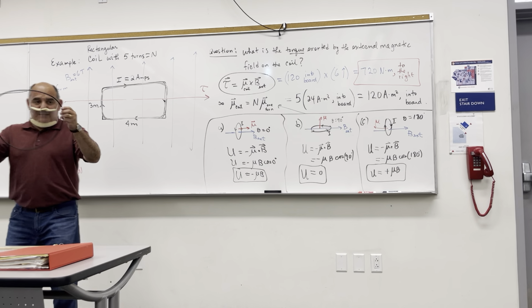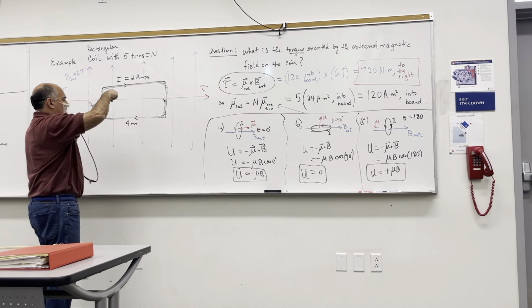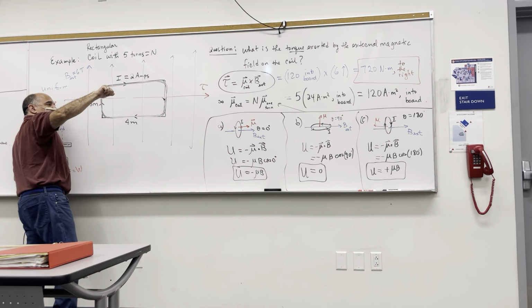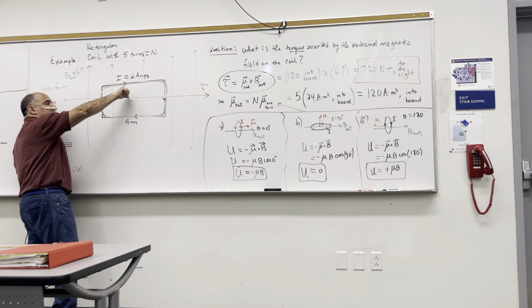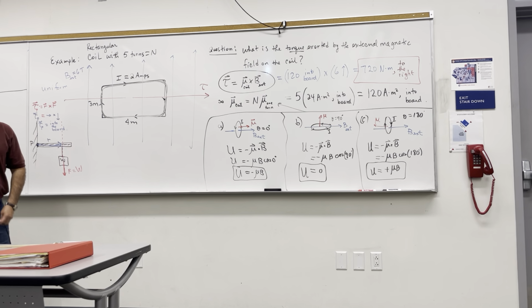So if the loop is like this, with the current in the clockwise sense, and you go like this, so the area vector is into the page, that's the same as the direction of mu, the magnetic dipole moment vector. This magnetic dipole moment vector wants to point up. So now picture it.